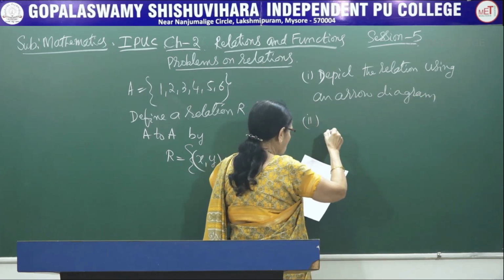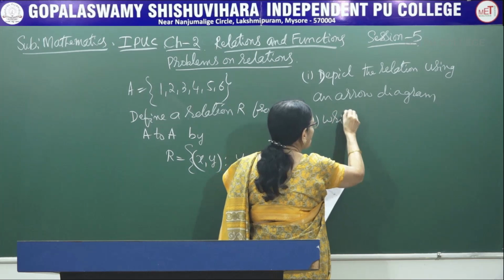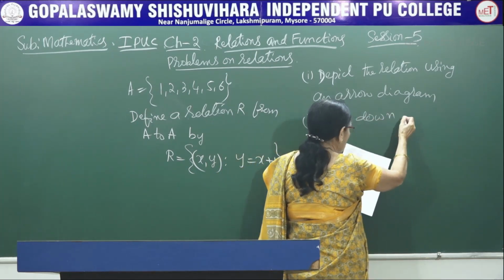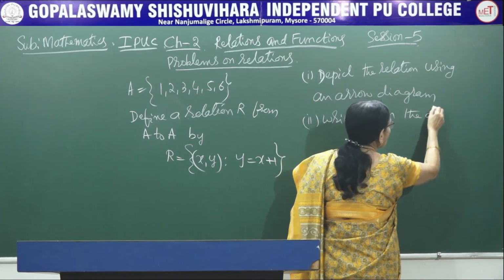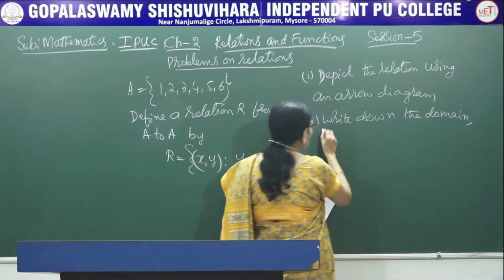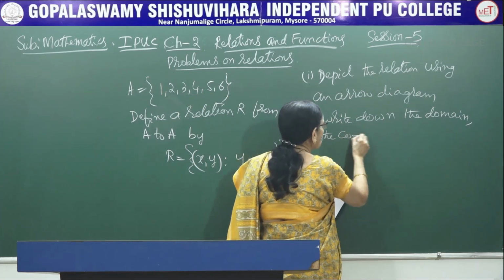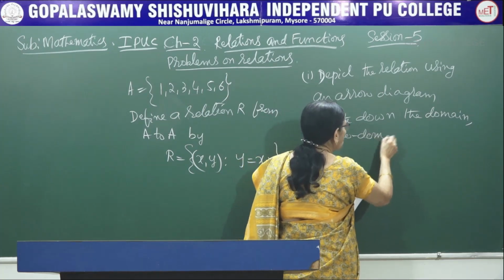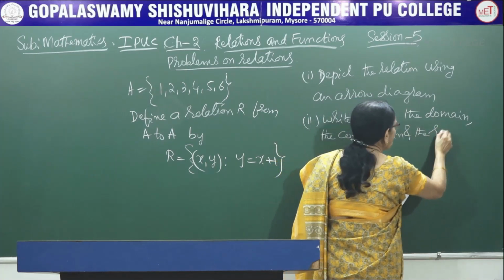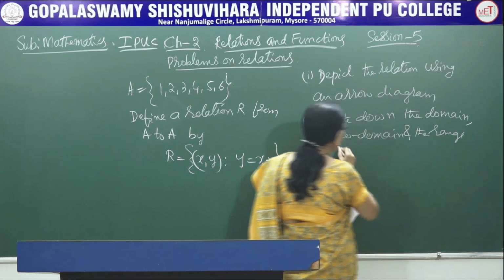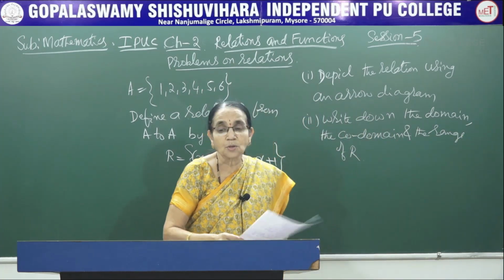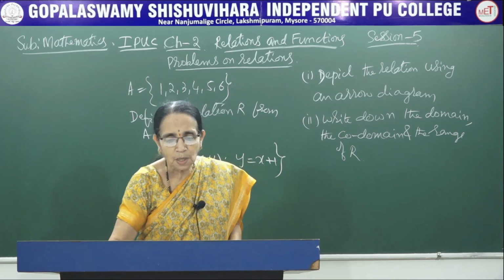In the second part, you have to write down the domain, the codomain and the range of the relation R. Now this is the problem here.